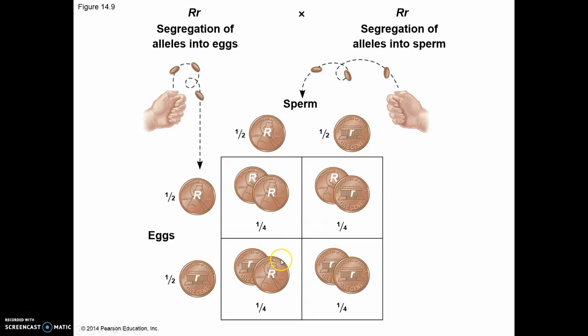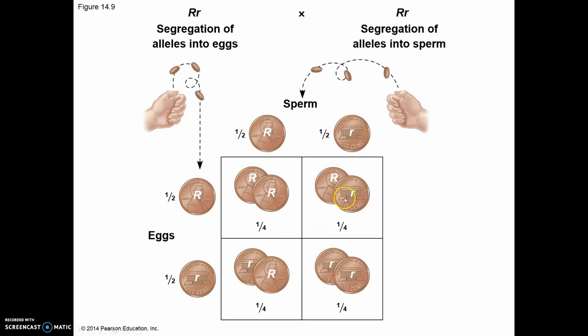Notice that this one, while it's still going to be a big R, little r, is getting its big R and little r from different sources. So this one is actually getting big R from sperm and little r from egg. Here, this one is getting little r from egg and big R from sperm.